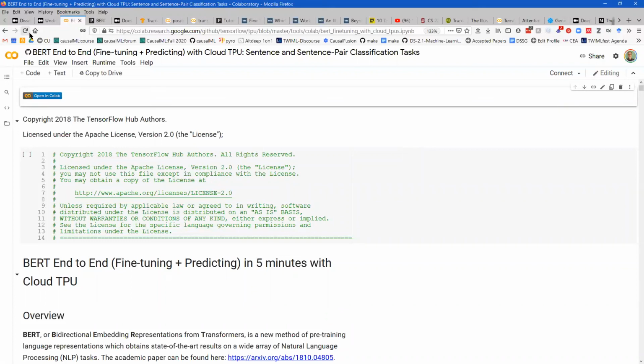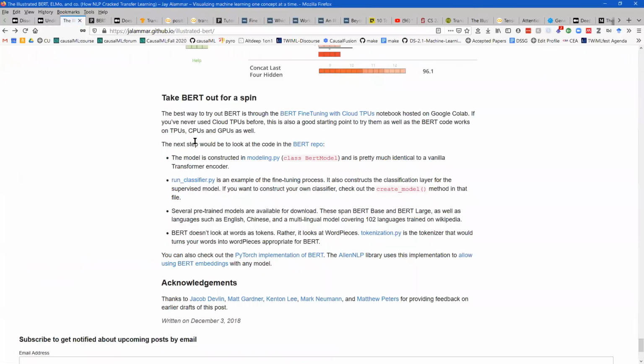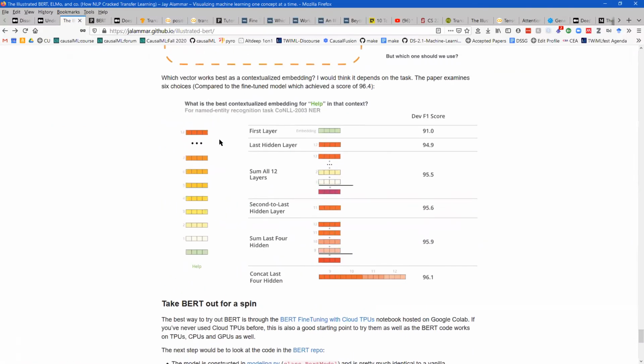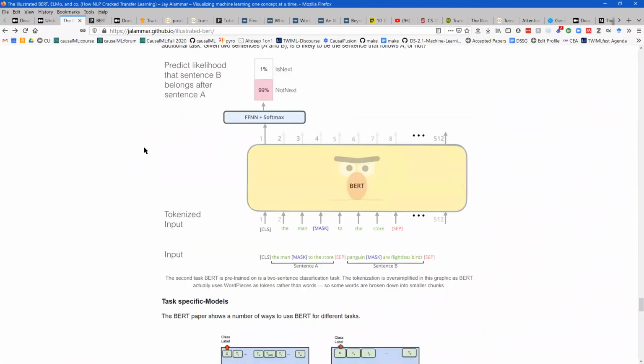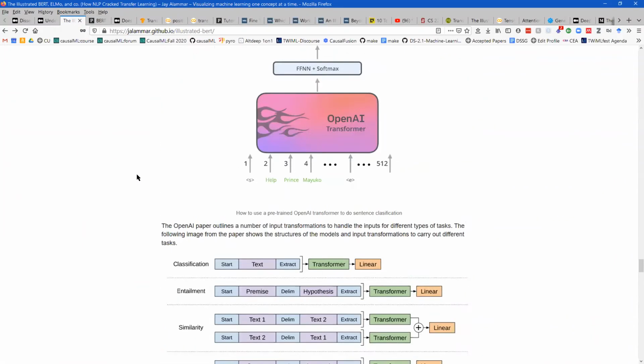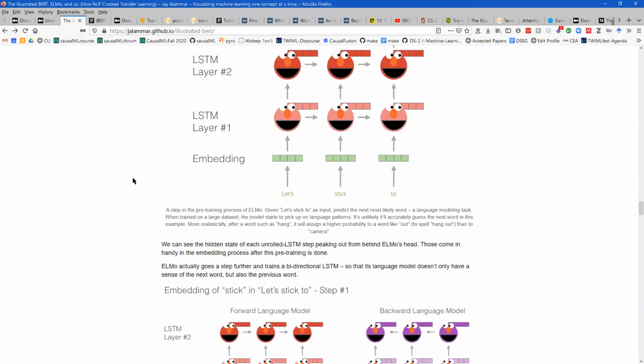I'll post on Slack the notebook that Jay Alammar points to, but remember that was the good place to go 2 years ago. There might be a better notebook to look at now. But tentatively, we'll look at that one unless we can come up with better suggestions. It's probably not going to hurt to look at the one that Jay Alammar pointed to, which I'll post on Slack.